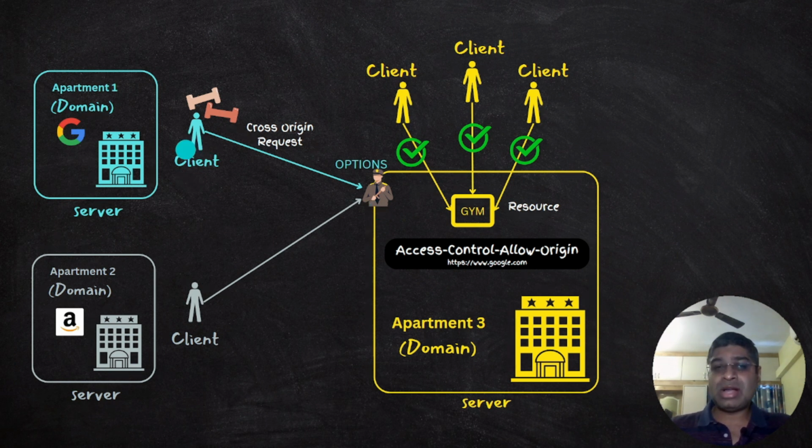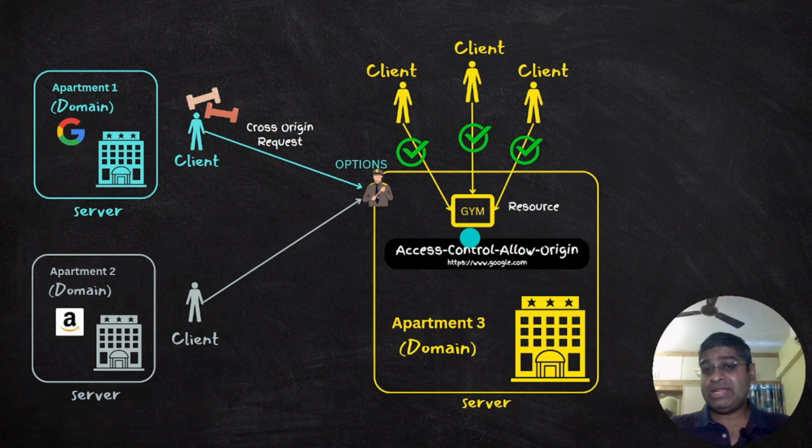Probably the person who wants to use the gym is bringing his own gym equipment, which might not be allowed. So there's something additional this client, the resident of a different apartment, is trying to do. That is why even that has to be allowed as per the policy, so that the security guard has access to all the policies that the server has framed.